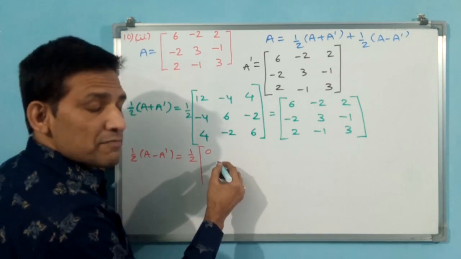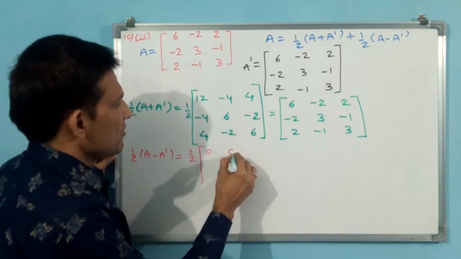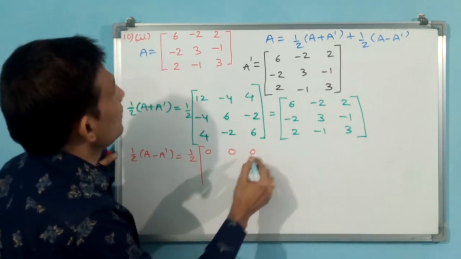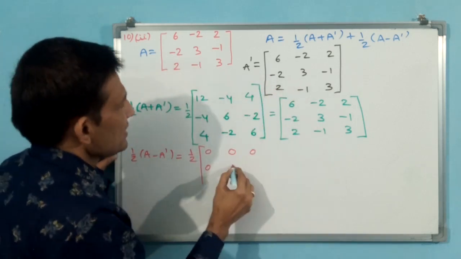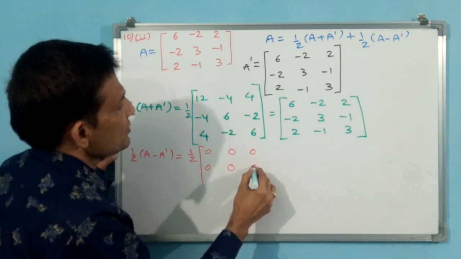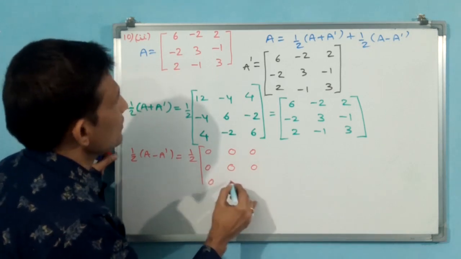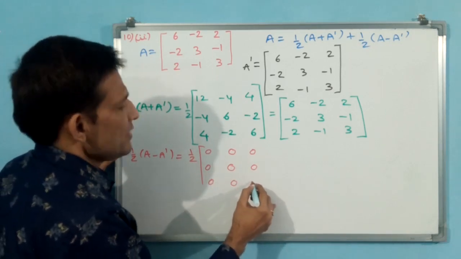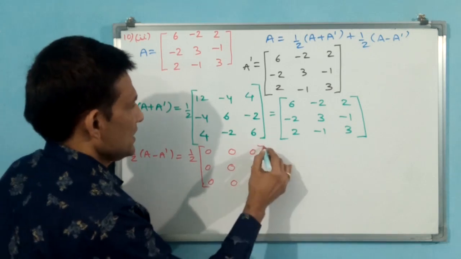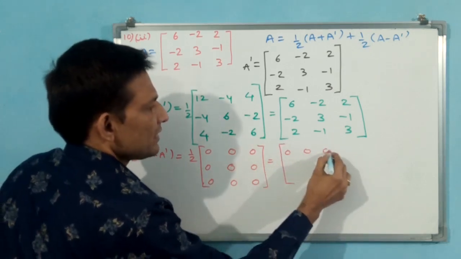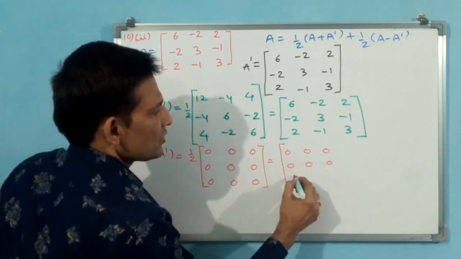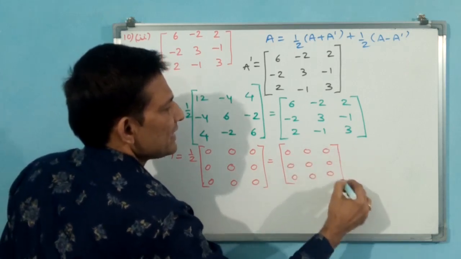Minus 2, minus of minus 2, minus 2 plus 2, 0. 2 minus 2, 0. 3 minus 3, 0. Minus 1, 0. 2 minus 2, 0. Minus 1, 0. 3 minus 3, 0. That means finally you are going to get zeros, even if you multiply 1 by 2 inside.